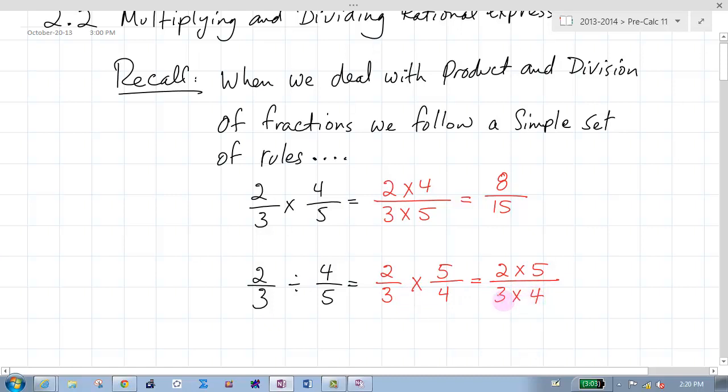Again, at this point, I'm going to see if I can simplify something before I multiply. So 2 and 4 are both divisible by 2. So I get 1 times 5 in the numerator and 3 times 2 in the denominator, so I get 5/6 in the simplified form.